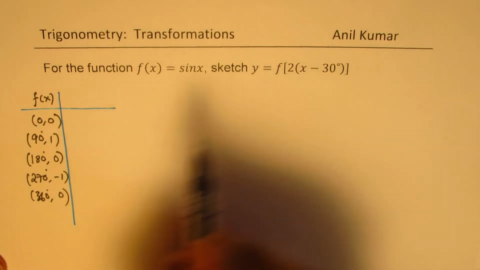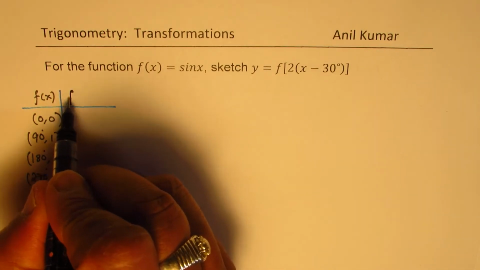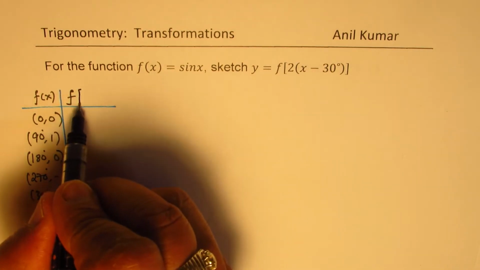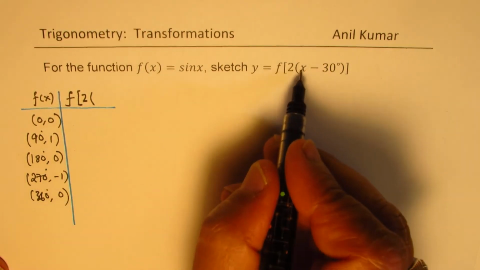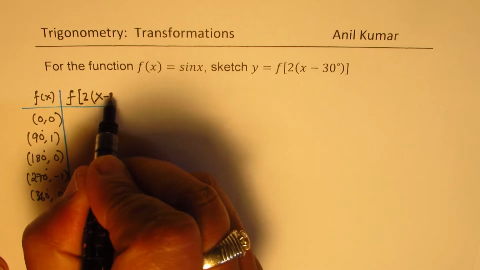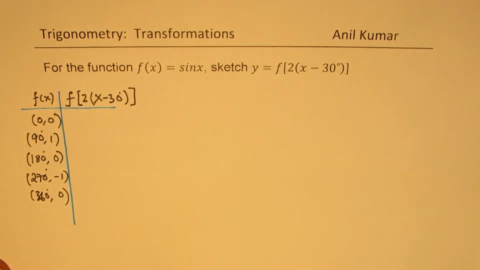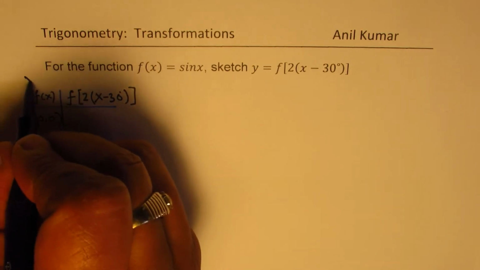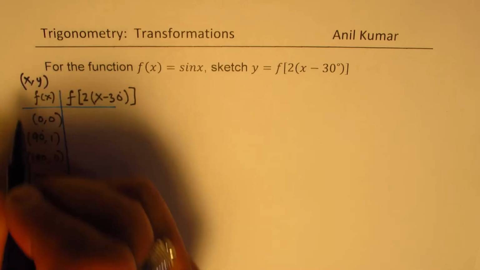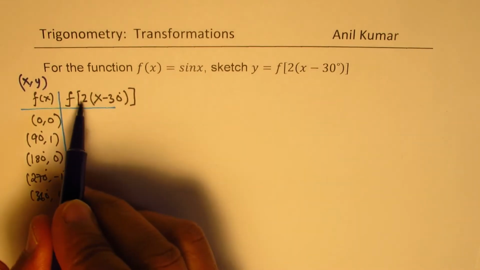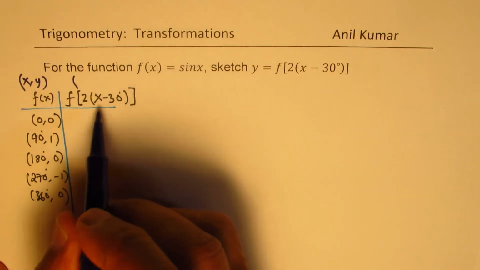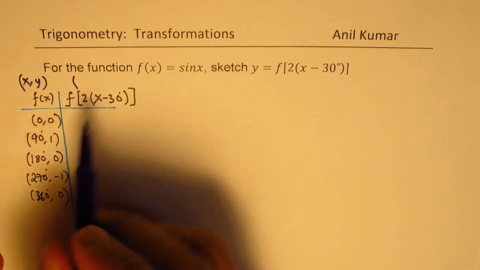The transformation for us is what? We are saying f of, within brackets, 2 times x minus 30. Now when things are within brackets, there is no change in y values, correct? So the transformation here will be, if you consider x, y as the coordinate of any point on the function, then as far as the image is concerned, the x values will change.